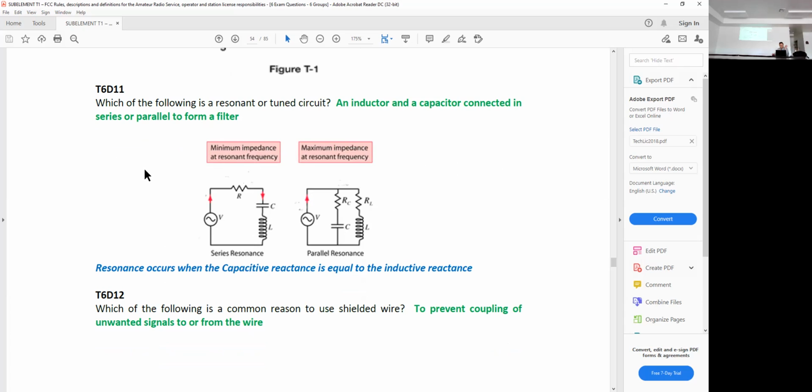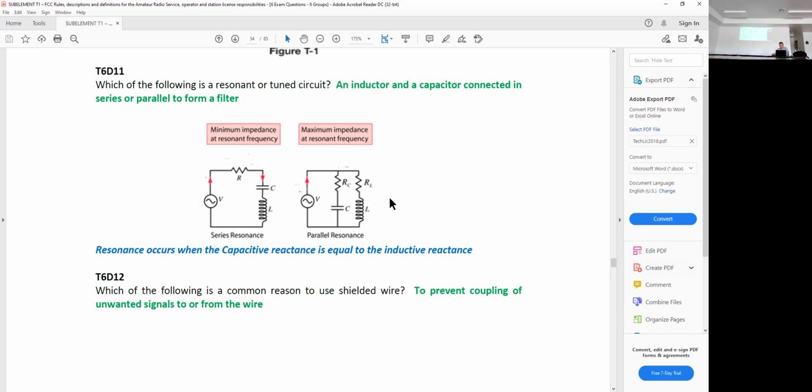Minimum impedance at resonant frequency. If you want one signal to come through loud and clear, this one. If you've got a super loud radio station that you're trying to always block out and you want to let everything else through, build this one tuned to that radio station, and the radio station will quiet down so you can hear everything else.